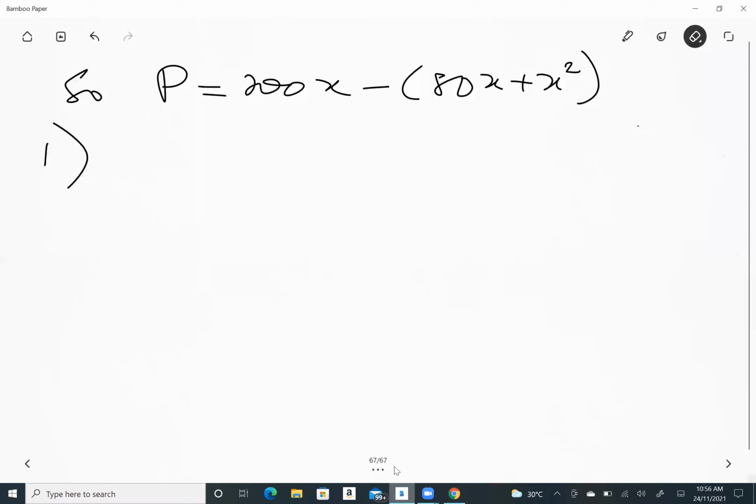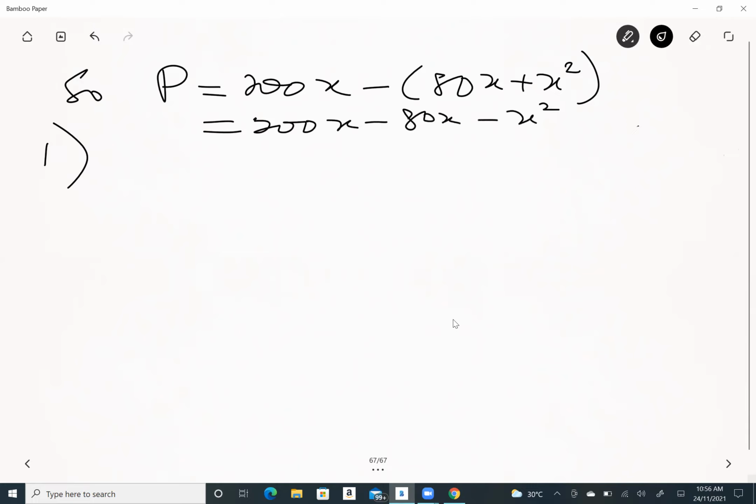Okay. So, we come back here. Alright, you get the critical point. Critical point, you do the first derivative. So we first of all simplify it. So you got 200x minus 80x minus x squared.